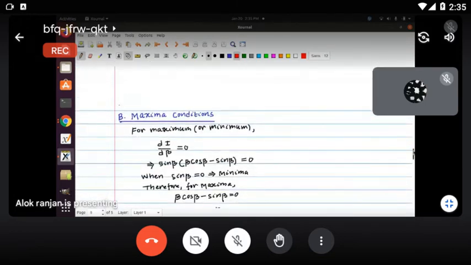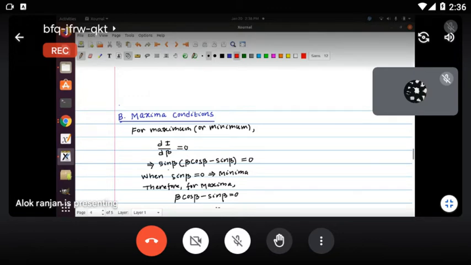And for maxima, what we have to do? We will optimize this function. And then this will give either maximum or minimum. Since we know the condition for minimum, if we throw out the set of minimum points, the rest of the points will give you the maximum.